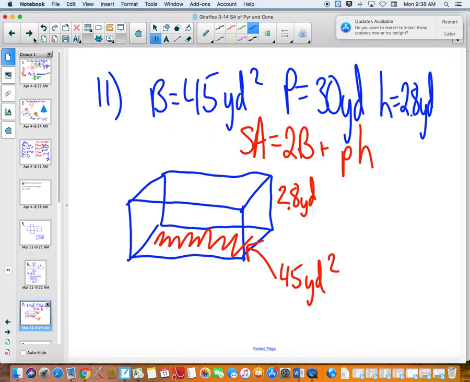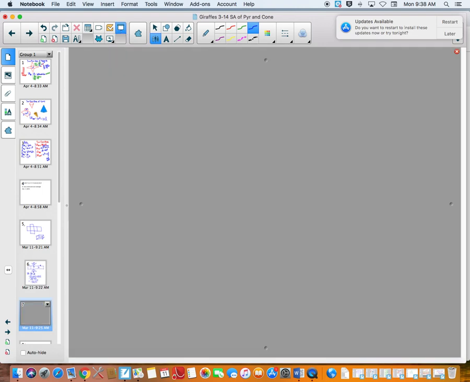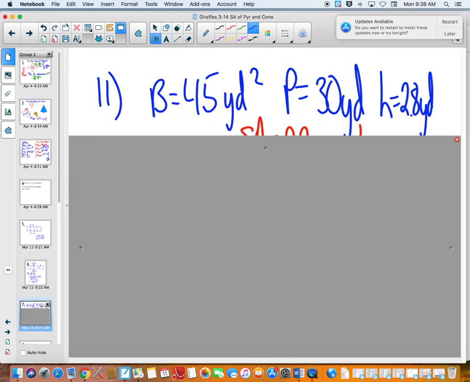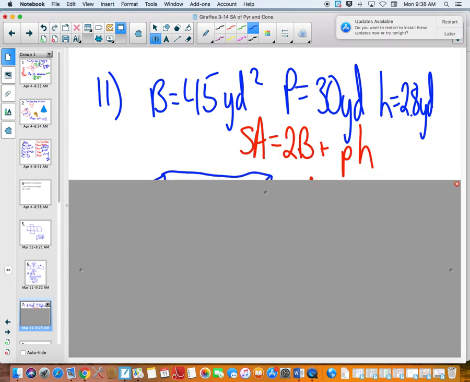Okay, moving on to question 11. They give us this information, but then want us to figure out the surface area. So I wrote out the formula: surface area equals 2 times the base area plus the perimeter times the height.